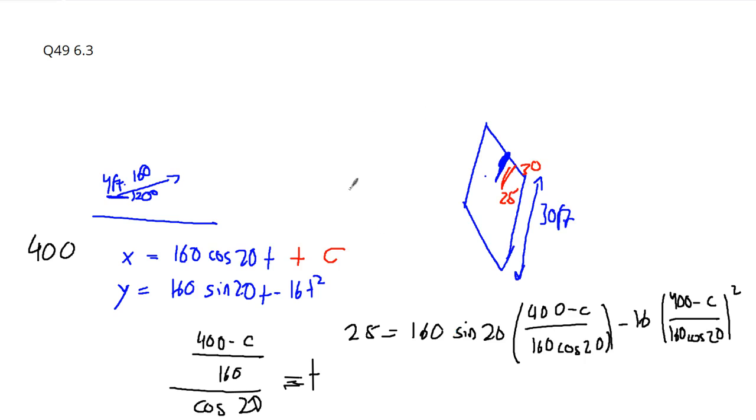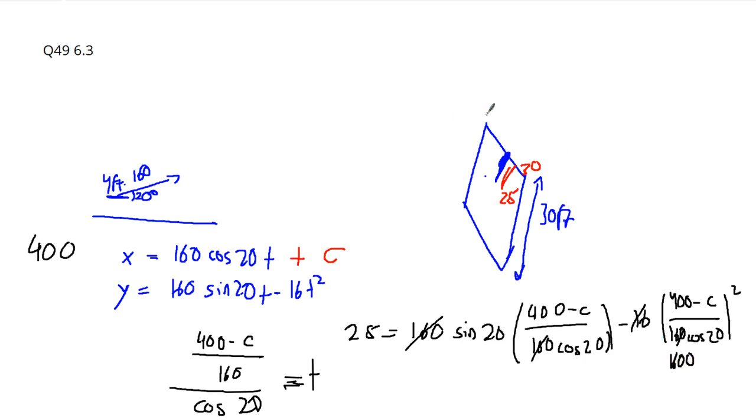So I'm going to simplify this side first. First of all, 160 and 160 is gone. 16 and 160, this will become 1, this will become 10. Actually, I can't do that. What's wrong with me? This becomes 1600.